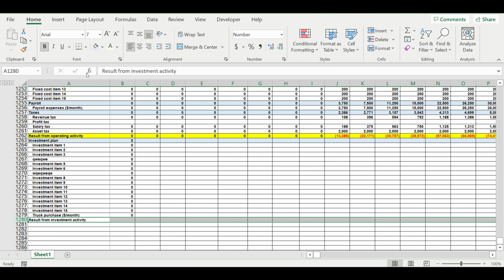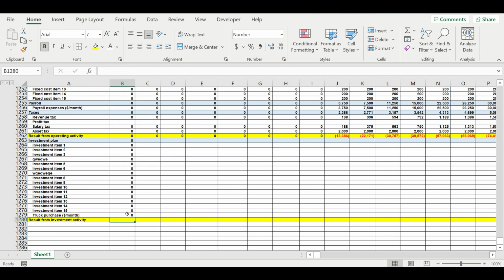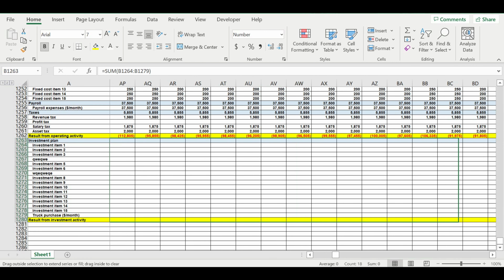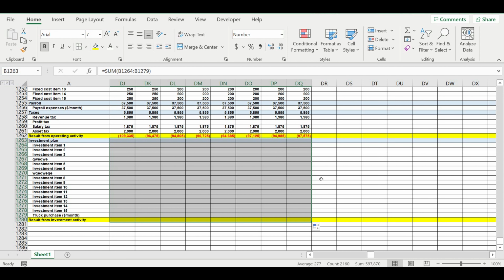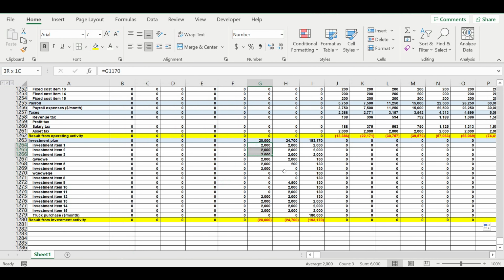Now we calculate the result from investment activity. We put a minus sign here because investment is the outflow of money. So this is our investment plan. This is the purchase of our truck.